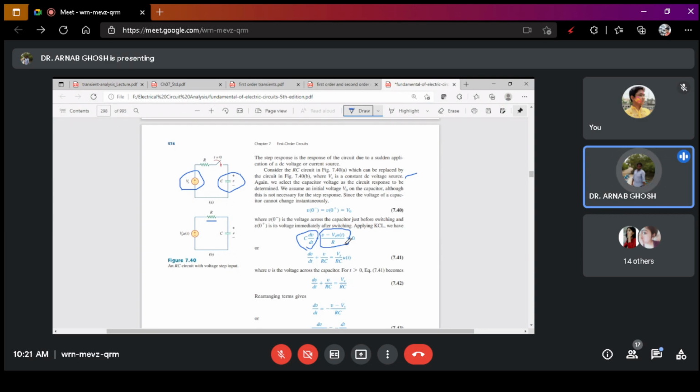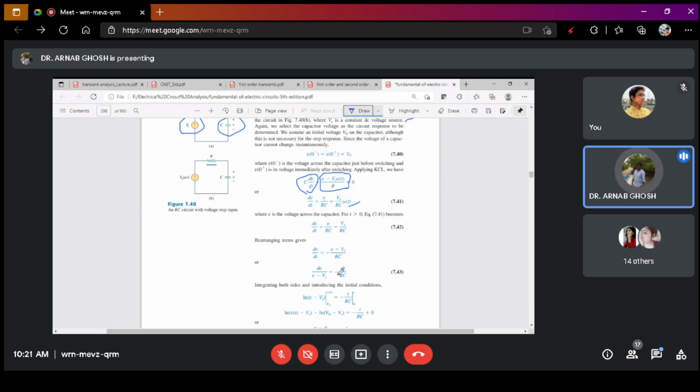Okay. So you just rearrange this and you get dV by dt plus V by RC is equal to Vs by RC into u(t). Rewriting these terms, dV by dt is minus (V minus Vs) by RC.